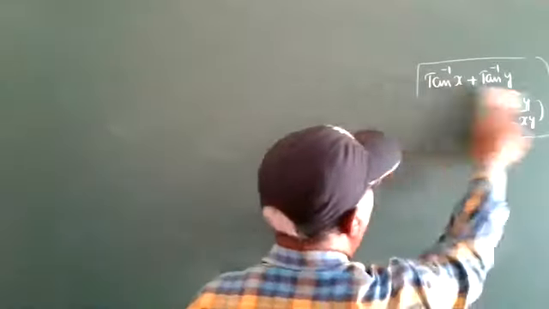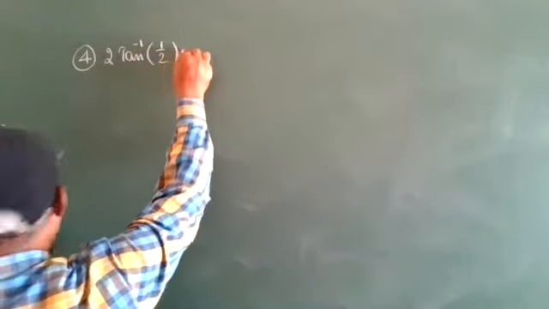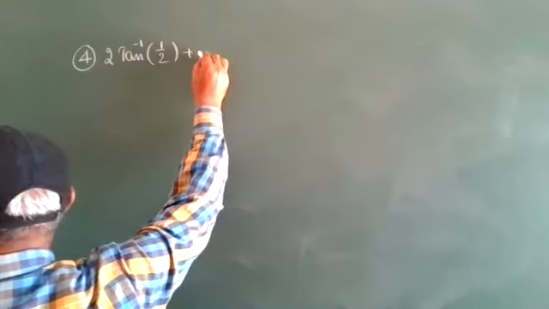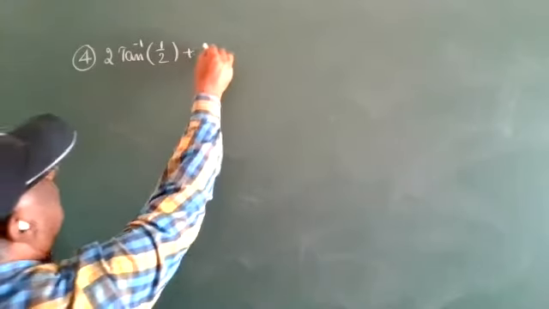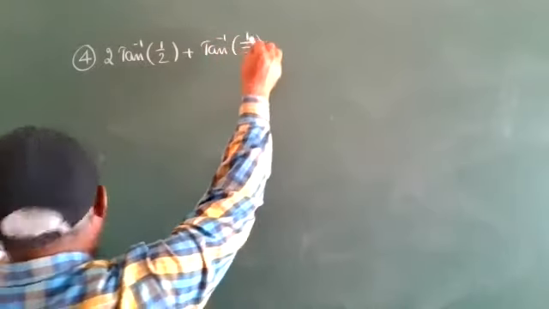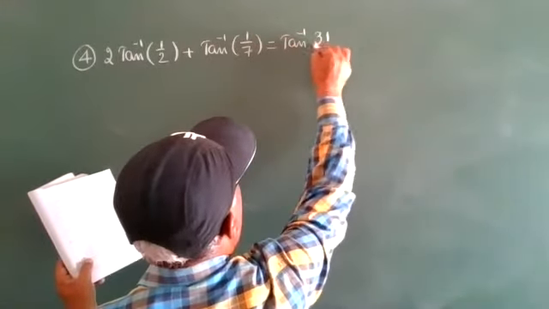Everyone go through the fourth problem. See the fourth problem. What is given is 2 tan inverse of 1 by 2 plus tan inverse of 1 by 7 is equal to tan inverse of 31 by 17.